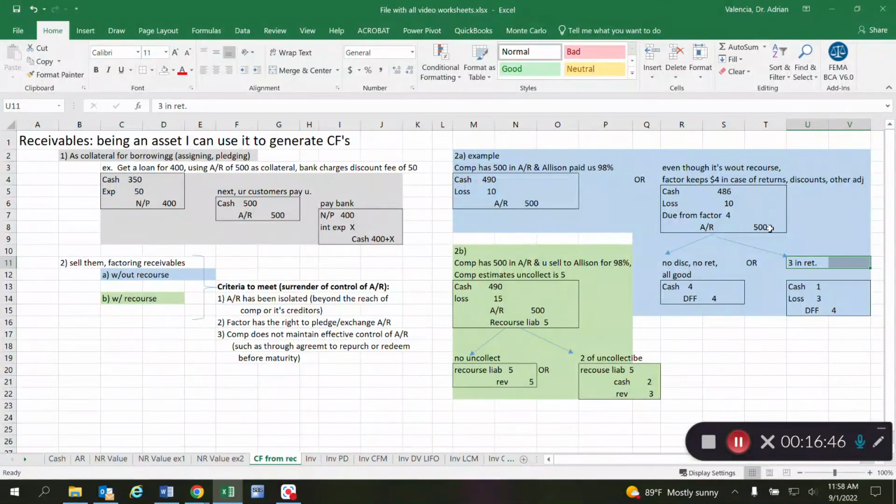And then we would be contacted, and Allison would say, listen, I only received $497, 3 of which was related to discounts and returns, and this we informed the factor about. And then because of that, Allison is only going to send us $1 of the $4. So we get a check for $1, and then we recognize the loss of 3 for the returns, and then credit the due from factor for the full $4.